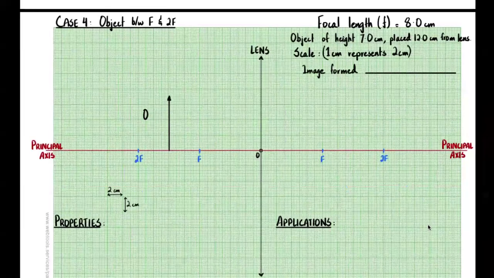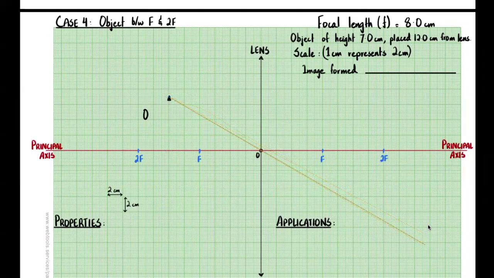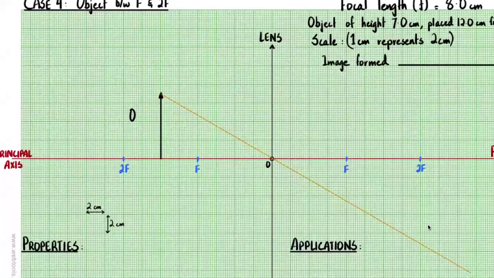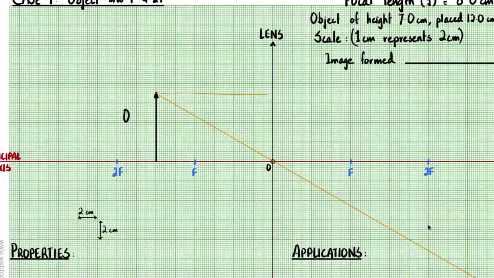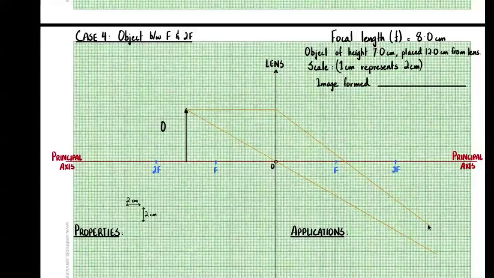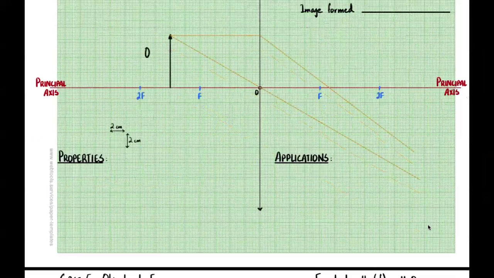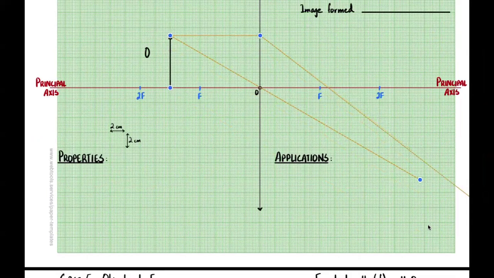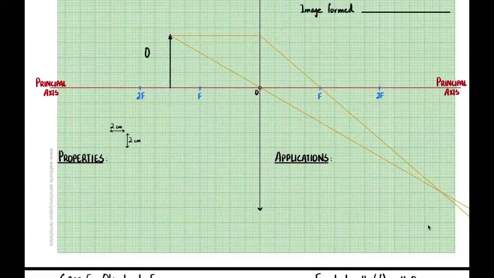All right, so from the object, again, let's draw the rays. So this ray, and then the other ray, and then passing through F. So for this one, you might need to make really long lines to see how this image is formed.